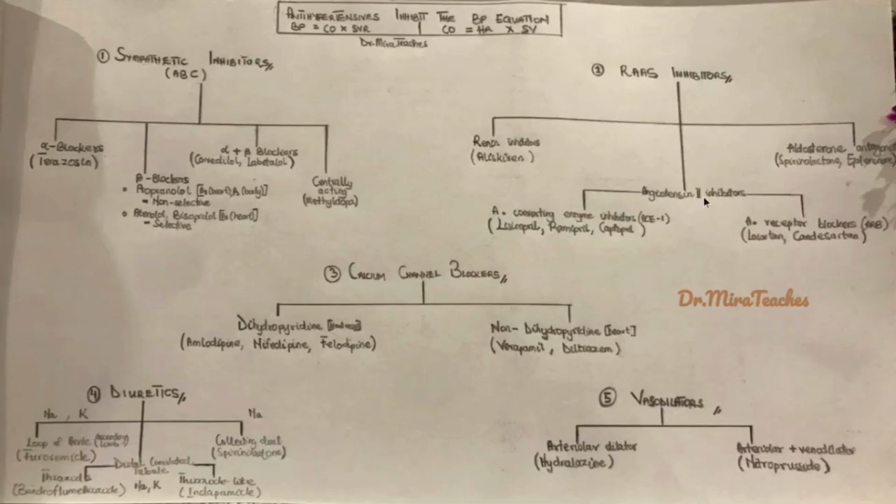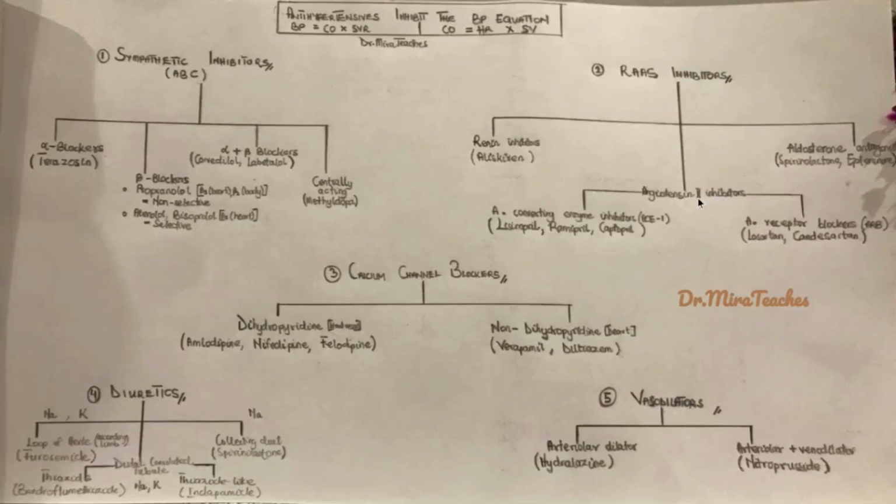To prevent angiotensin 2 from forming, we can inhibit the angiotensin converting enzyme so that the angiotensin remains as angiotensin 1 and just stays there. So lisinopril, ramipril, captopril, all the prils are ACE inhibitors. Once you inhibit ACE, you don't have angiotensin 2 forming.